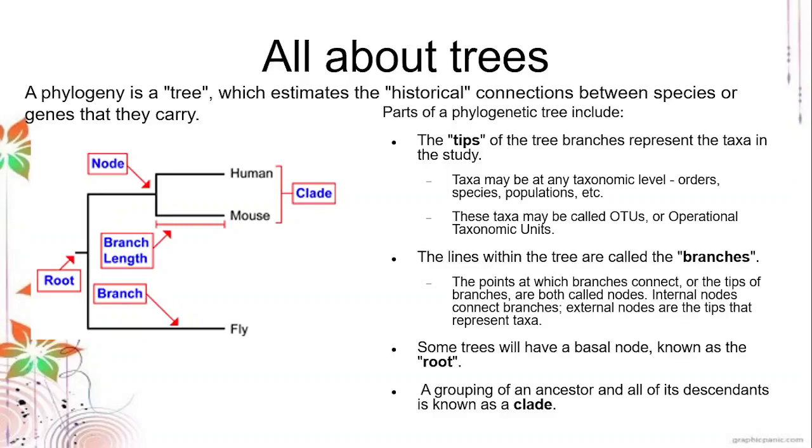So you add, for example, an insect. Here, comparing human and mouse, you add a fly, which is vastly different from that group, to give us an idea of the root. Grouping an ancestor and all of its descendants is known as a clade. Basically, this image can also be considered a cladogram.